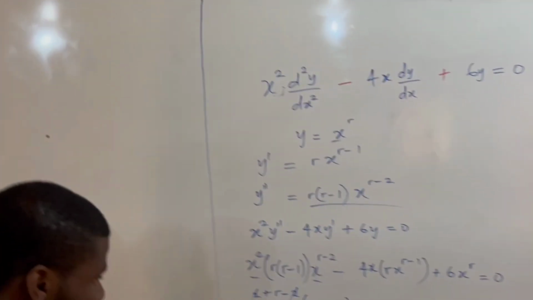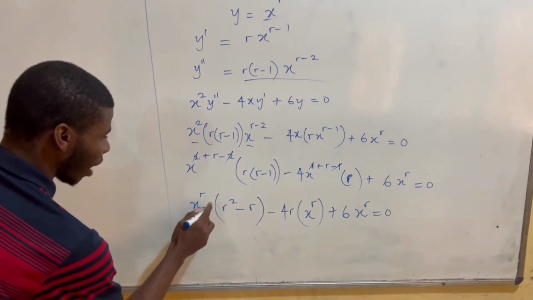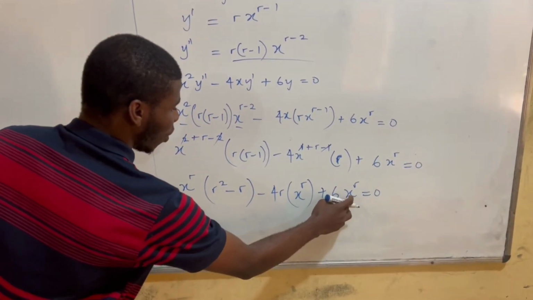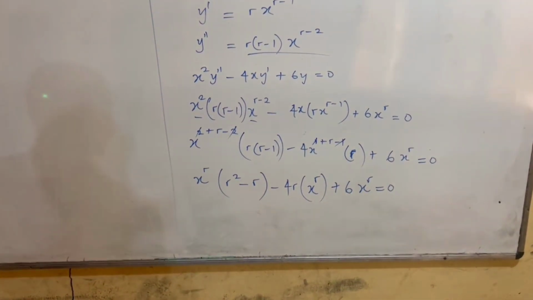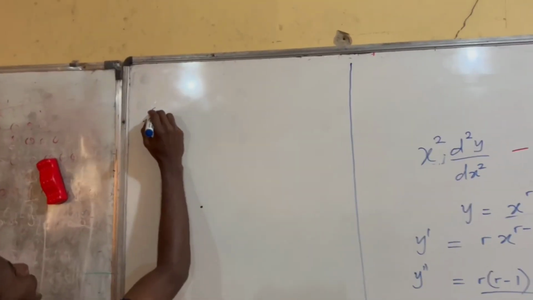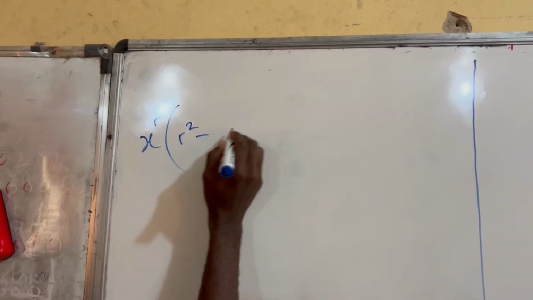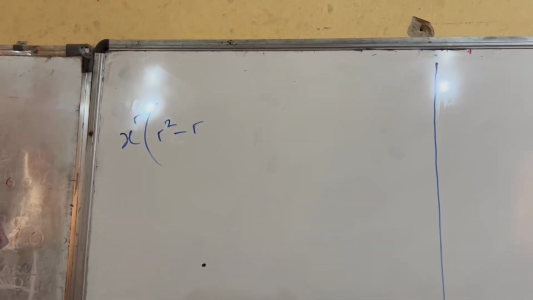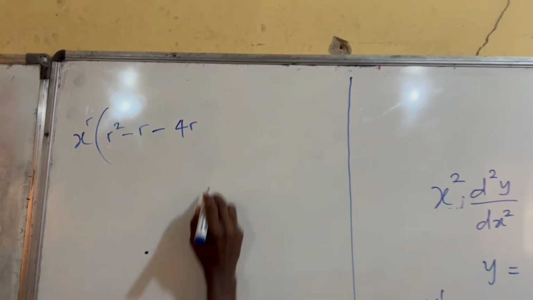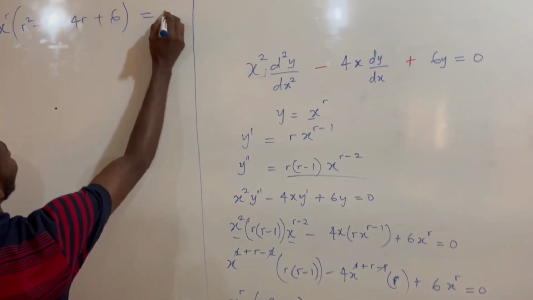So the next thing we can do is that we have x to the power of r over here, over here, and over here. So x to the power of r is common to all terms. So we can simply factor out x to the power of r, and we have r squared minus r minus 4r plus 6 equals 0.